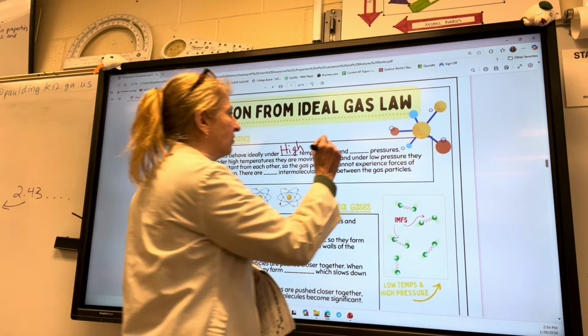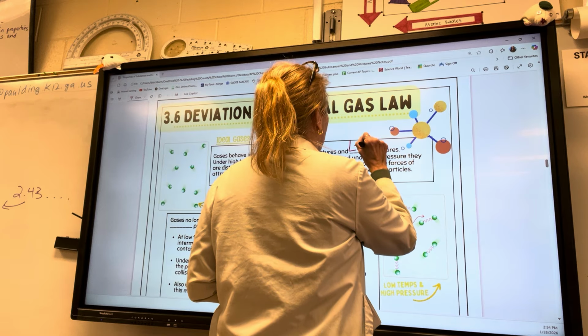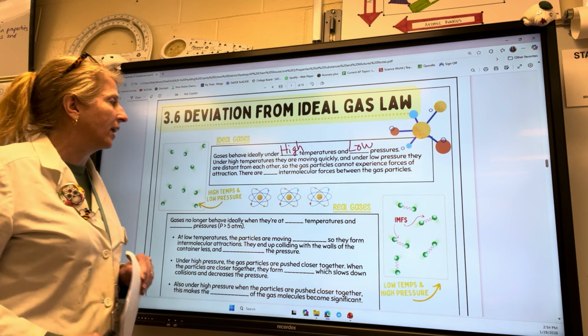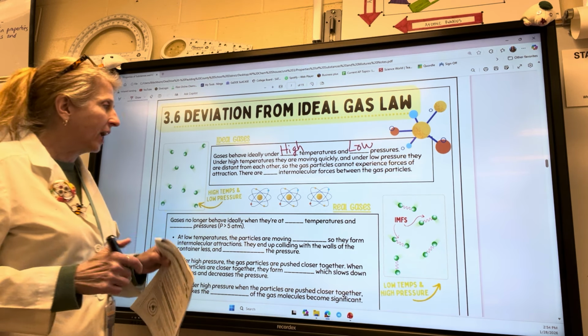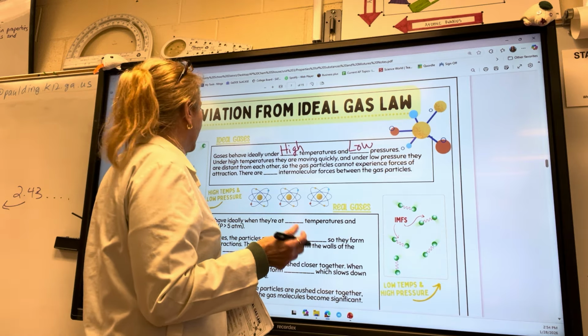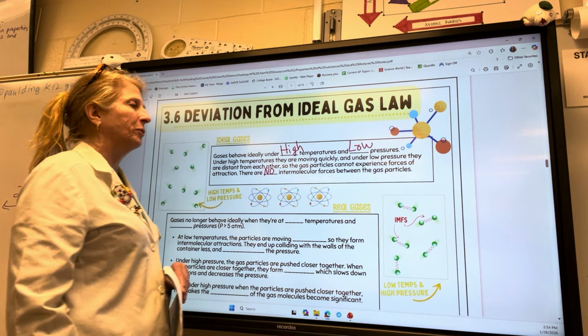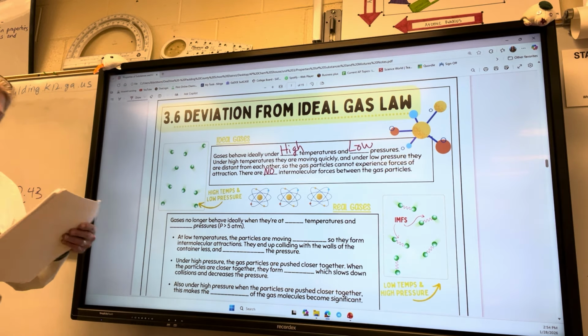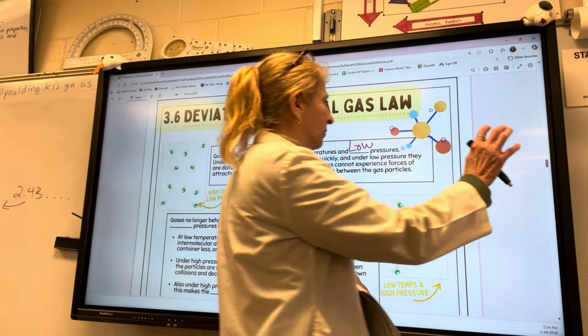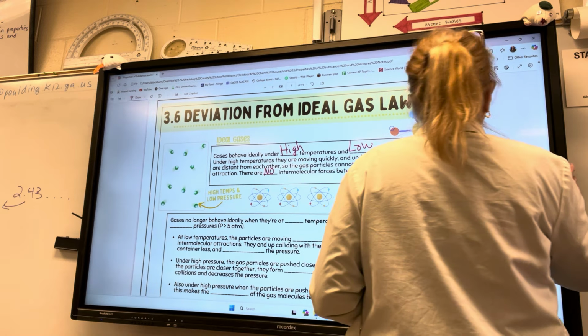Low pressure. Because if they're under high pressure, they're squished together and they're more likely to interact. In the ideal gas law, we say that there are no intermolecular forces between the gas particles. Of course, in real life, they can have intermolecular forces, especially at low temperature and high pressure.